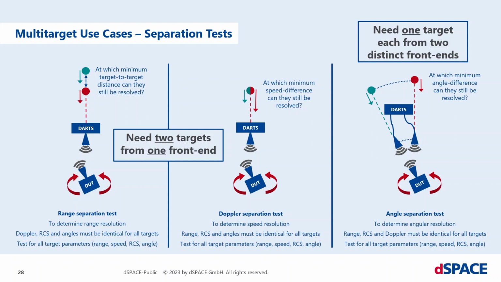If these requirements are broken, we cannot trust the result of our test. We cannot be sure if the targets are separated due to the range resolution, for example, or if a slightly different angle of incidence leads us to think that the range resolution of the radar is lower than it actually is.